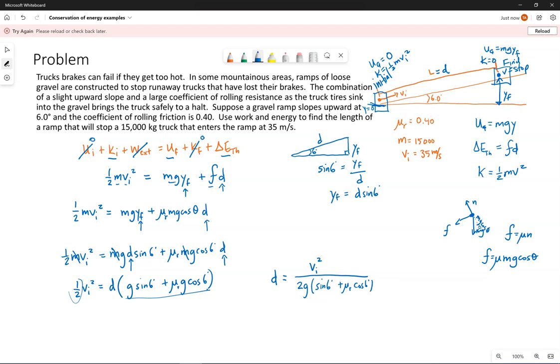So plugging our numbers in, we were told to assume the truck enters the ramp at 35 meters per second, which we need to square. And then mu, they told us, was 0.4.